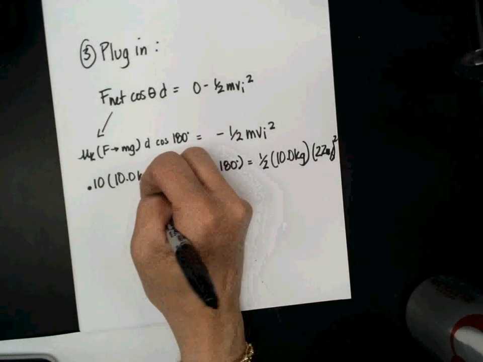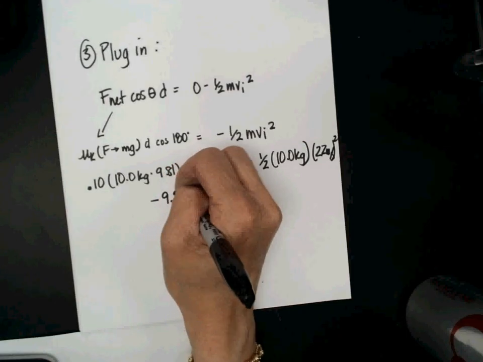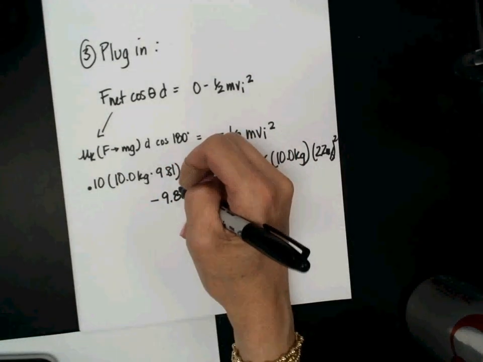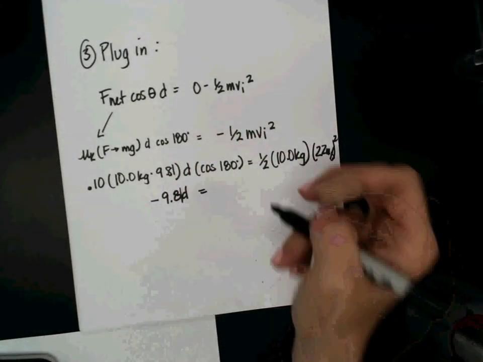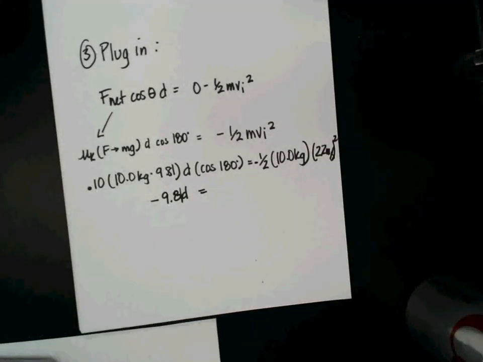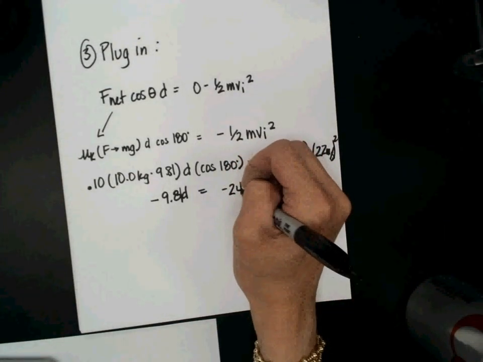So I got negative 9.81D here. But please plug it in and make sure you get that. And this is negative 1/2. Equals negative 24 joules.